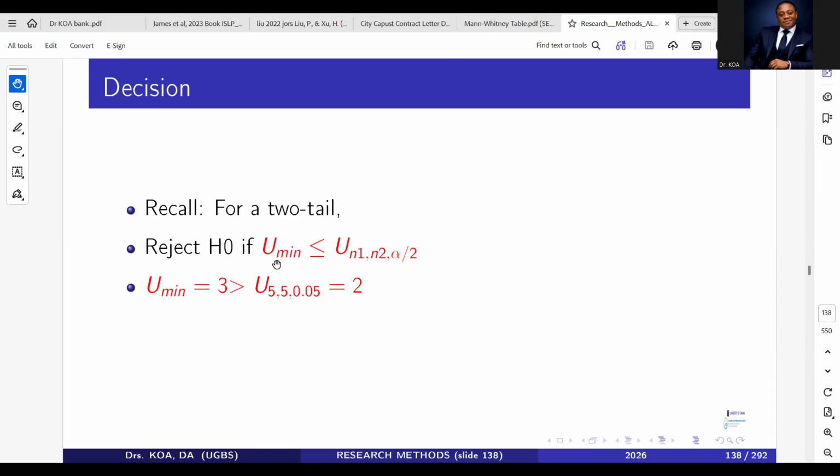You can see here that whenever the U statistic, the minimum U, is less than or equal to the critical value, reject the null hypothesis. So in our own case, are we going to reject the null hypothesis or not? You can tell us. Are we rejecting the null or we are not rejecting the null?